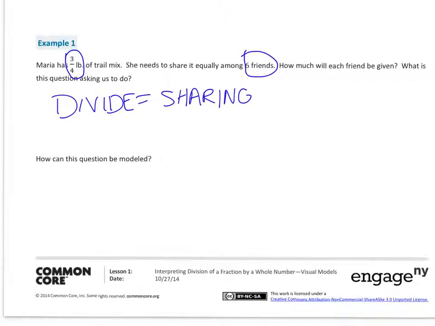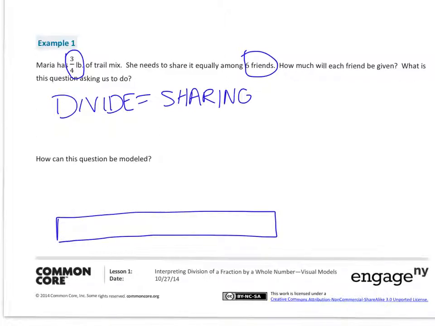So how can this question be modeled? So I'm going to start out with my tape diagram. And of course I'm going to divide it into fourths because after all, that's what we're starting with. She says 3/4 pound of trail mix. And then we're going to color it in. We're only going to color in 3 because it's 3 of the fourths.